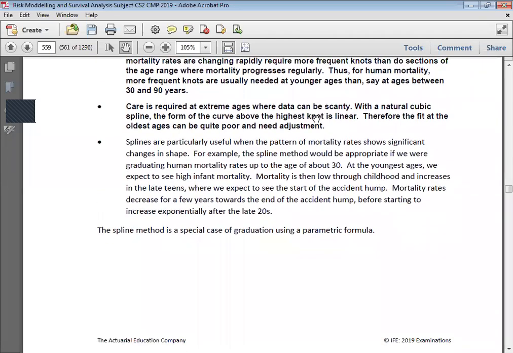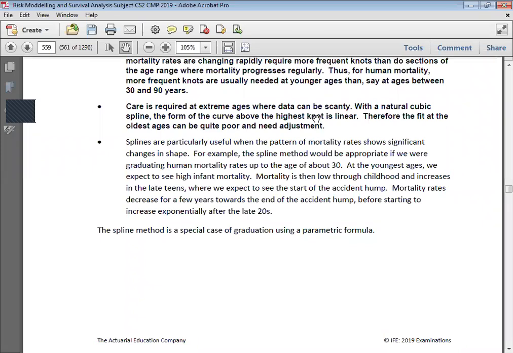Here again, you have to be careful about the extreme ages, because if you are trying to use the natural cubic spline, we have made an assumption. It wasn't given to us that they were linear. We have made an assumption and chosen some conditions to be satisfied for the parameters that we have, to make it a natural cubic spline. That might sometimes not be up to the mark, and might hide some of the significant features of the data.